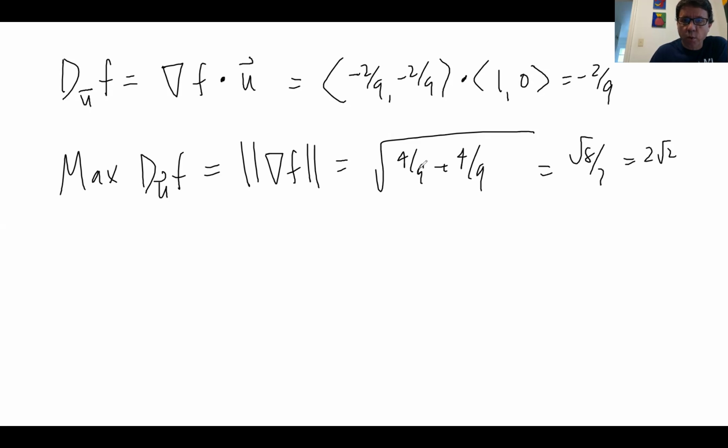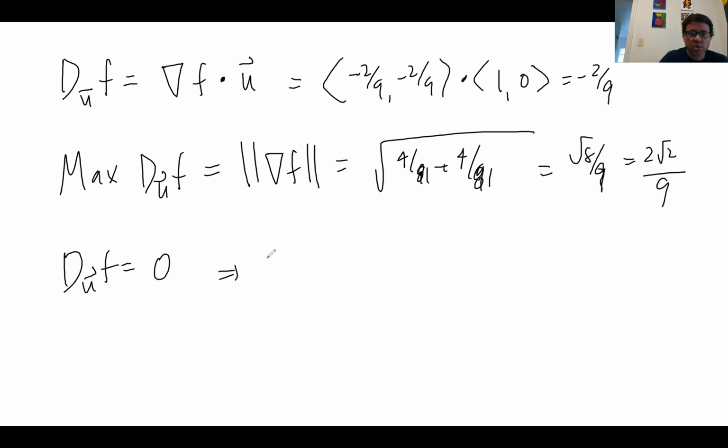Sorry, not 4/9, 4/81, 4/81. So it'll be, that's a 9. So 2 square root 2 over 9. And again, it's not a vector, it's a derivative. So it's a number.